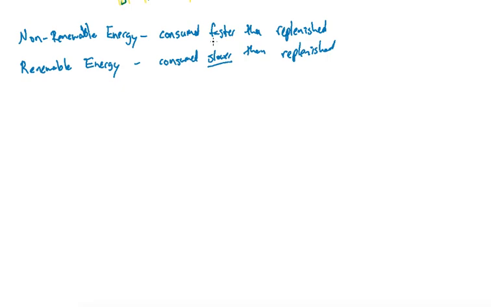So this one's slower, this one's faster, which means that we should be able to refill our sources of this before we would run out. Examples of this would be basically any energy source that comes from the sun, wind energy, hydroelectric energy, solar energy, all of those kinds of things that are renewed naturally faster than we can use them up.